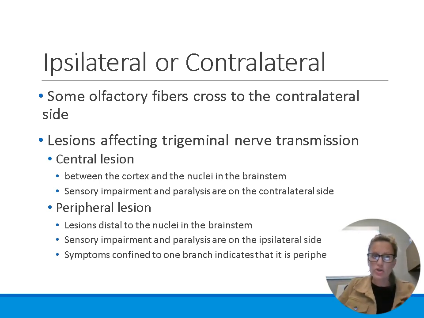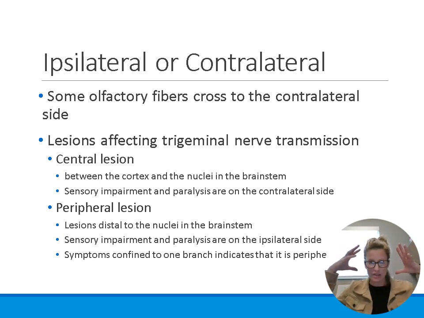The trigeminal nerve: for lesions that affect trigeminal nerve transmission, whether your symptoms will be ipsilateral or contralateral depends on where the lesion is. It depends on whether it's a central lesion, if the problem's in the brain, or a peripheral lesion, where the lesion is distal to the nucleus in the brainstem, affecting the nerve itself.